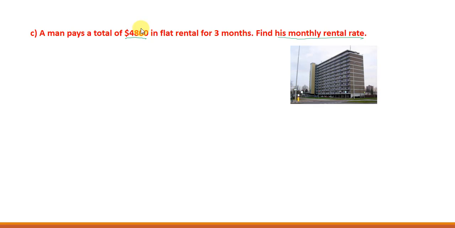We will divide 4,800 by 3 months to get the monthly rental rate. So the monthly rental rate will be equal to 4,800 divided by 3. We calculate it and the answer will be $1,600.